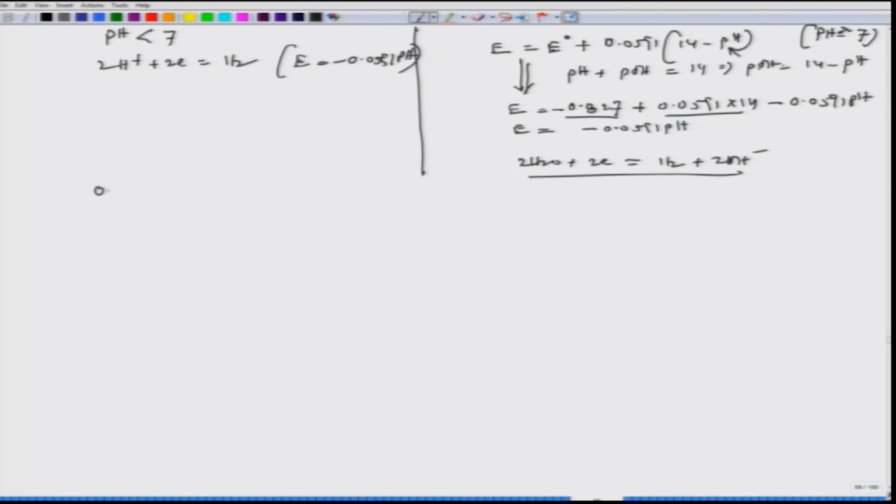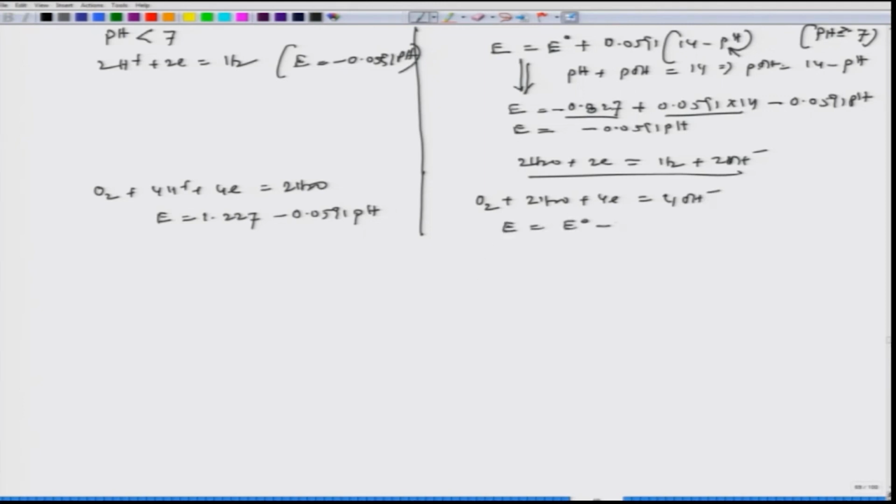Now, we had another reaction which is O2 plus 4H plus plus 4e equal to 2H2O. There the equation is 1.227 minus 0.0591 pH, and on this side we also had another reaction involving oxygen: O2 plus 2H2O plus 4e equal to 4OH minus. In this case, the equation would become E0 plus 0.0591 pOH.